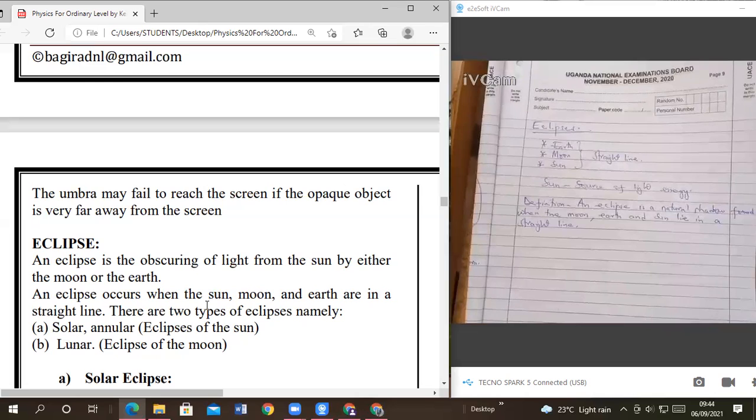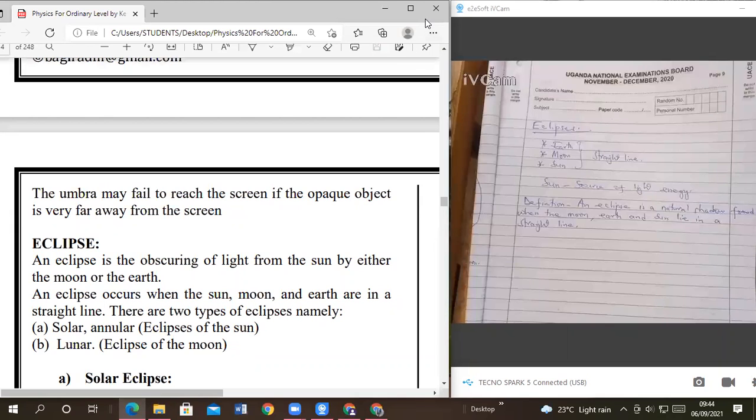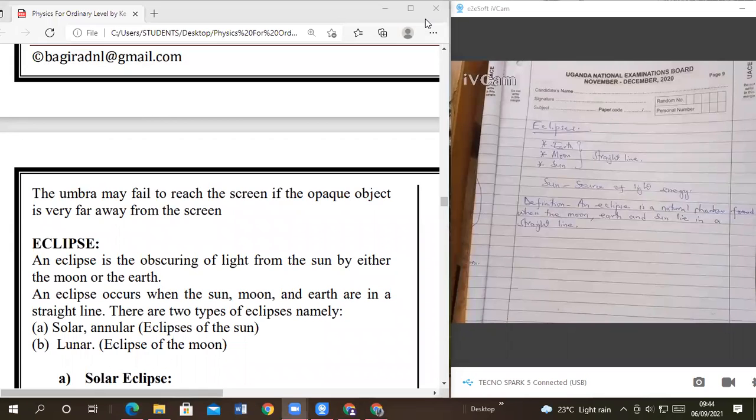Members, who can remind us? There was a time we were able to see an eclipse in Uganda.